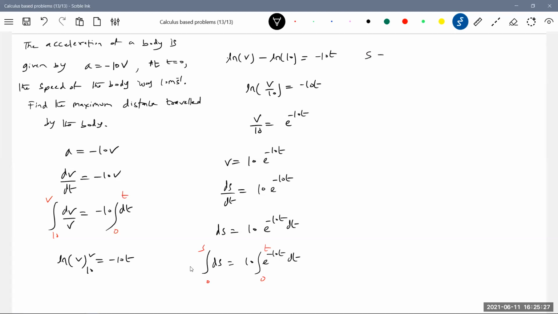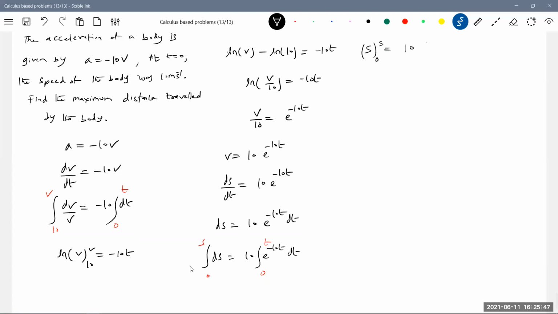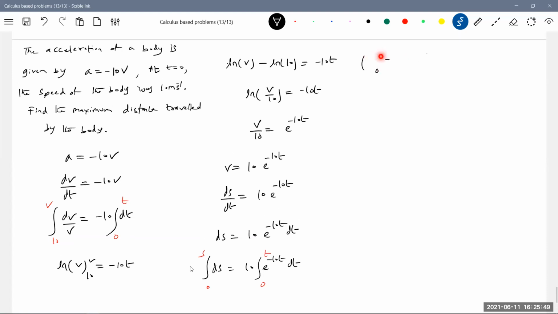Now this will be further s is equal to integral 0 to s, 10 times the integral of e to power of minus 10t. Minus 10 is there, so I'll multiply with that. I'll bring that integral formula first. The integral of e to power of x dx will be e to power of x only.